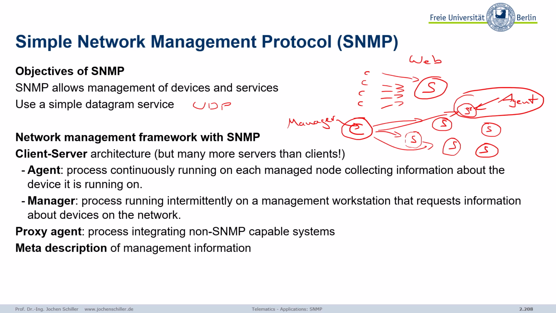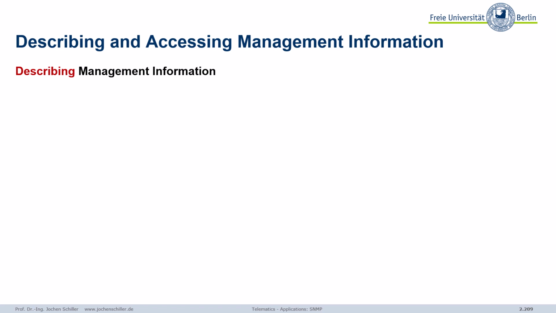Additionally, SNMP also describes the management information. Okay, how does this look? Well, you have to say how all these pieces of data you collect actually look, and how do I access them? I also have to specify the SNMP protocol and packet formats. We'll come back to this in a second.